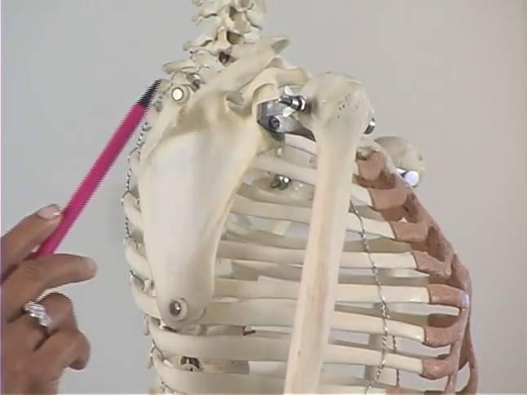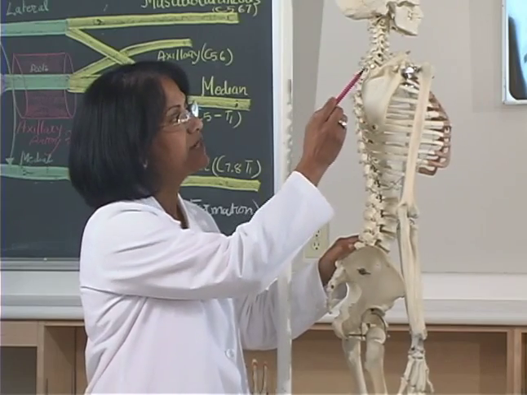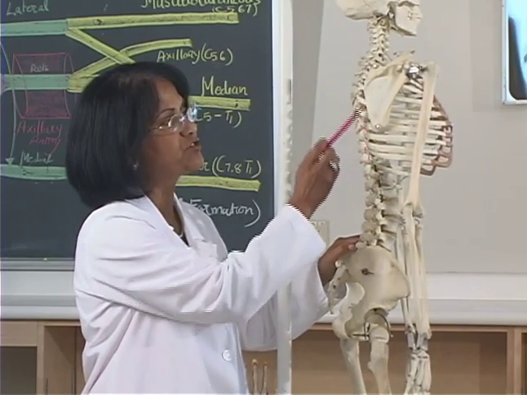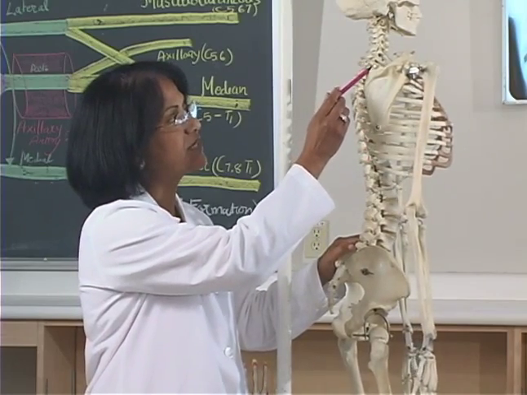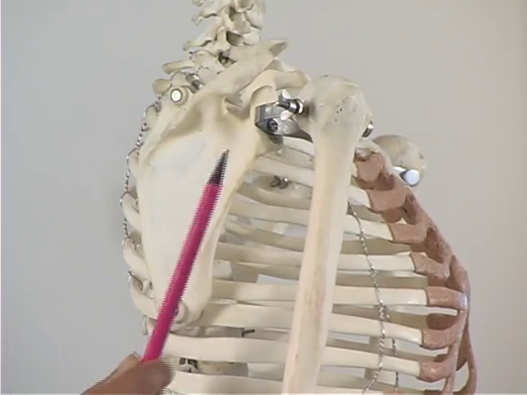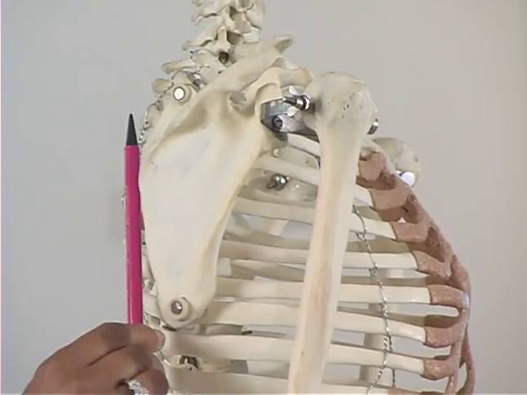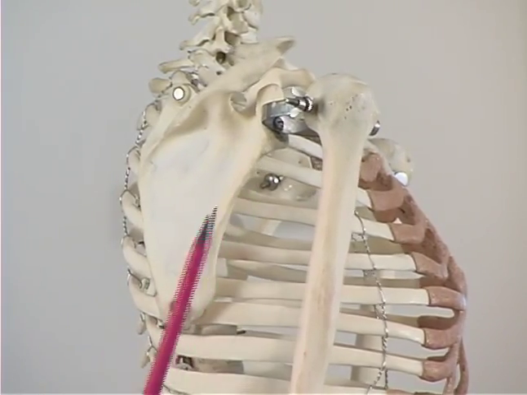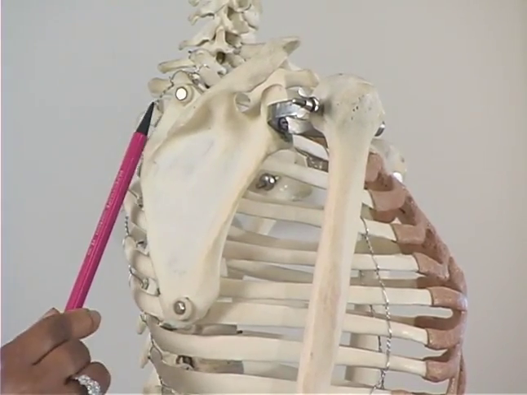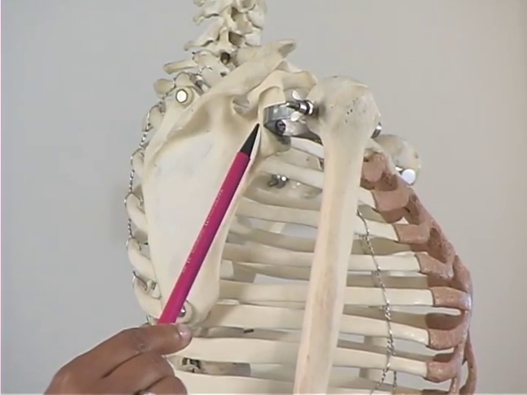Scapula is a flat triangular bone and it lies on the posterior aspect of the chest wall, extending from the 2nd rib to the 7th rib. It has 3 borders: superior, medial, and lateral. It has 3 angles: superior, inferior, and lateral.